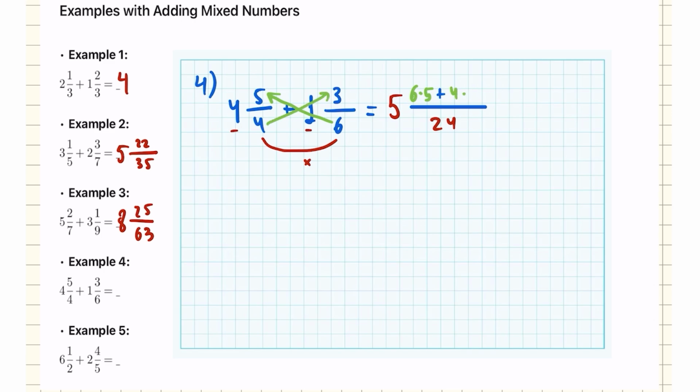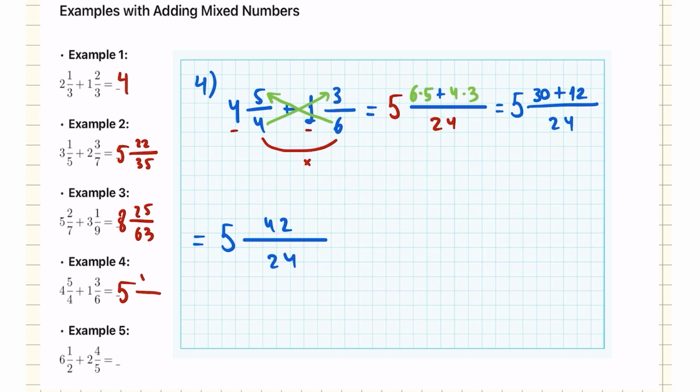And then we simplify. We will get 5. At the top part, we get 30 plus 12, and the denominator stays the same. Now we simplify this. At the top we get 42 over 24. And that's the answer. We can convert this improper fraction and get one more whole number, but that's for another time.